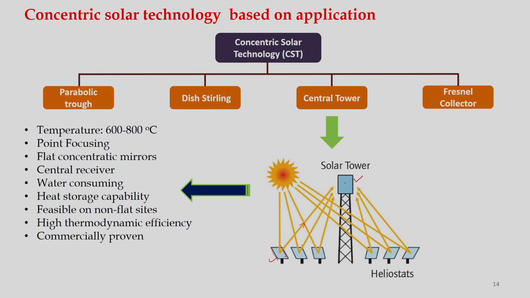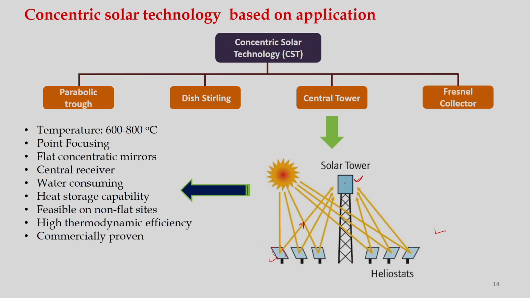Of course, these systems can also be used for reflecting the sun rays, and it is a central receiver, only one receiver will be there, and water consumption is very high in this kind of arrangement, and heat storage capability is there in this technology, because while operating it generates enormous heat that can be stored, and the same can be applied whenever required, and it is feasible on non-flat sites, okay.